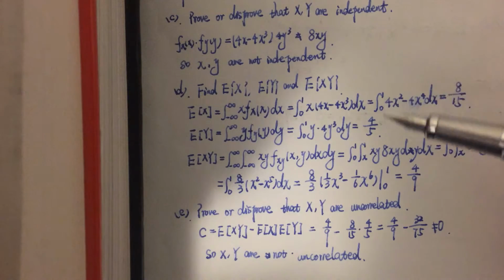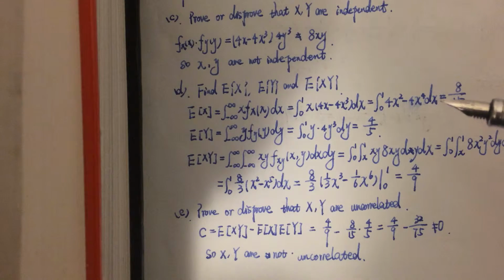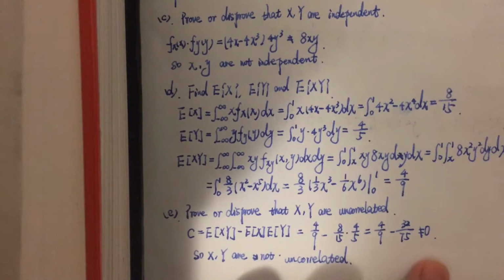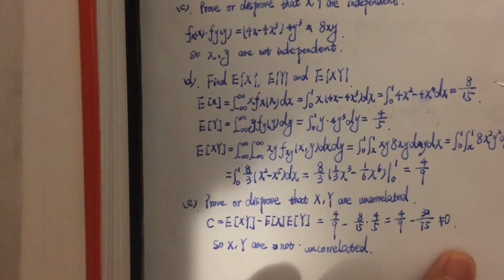After integration, it is the integration from 0 to 1 of 4x squared minus 4 times x to the 4, and finally the result is 8 over 15.